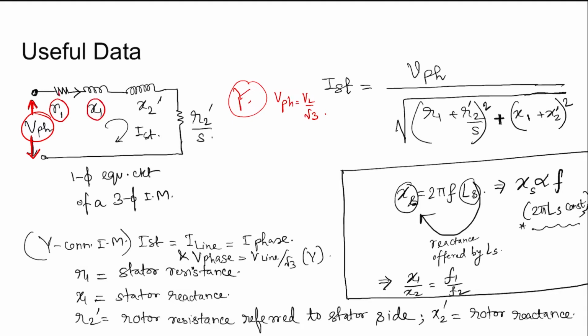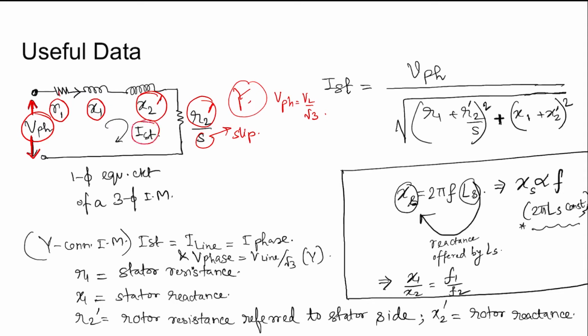R1, X1 are stator parameters, that is stator resistance and reactance, and R2 dash and X2 dash are the rotor side parameters referred to the stator side, that is why they are dashed. S is the slip.